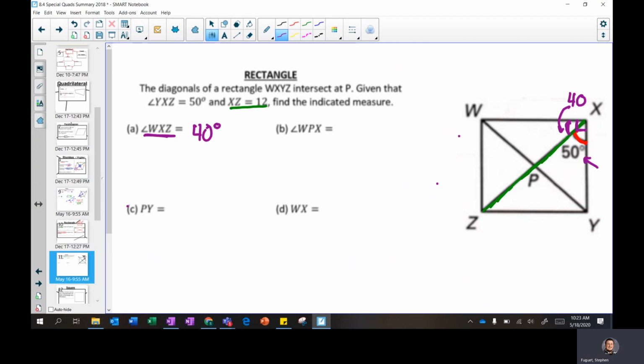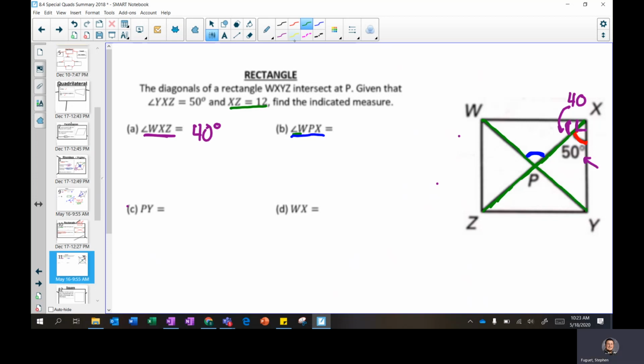Next, we need to look at WPX, which I'm going to do in blue, is this angle right here. Again, this can be a little tricky, and this is probably the hardest part of this problem, in the sense that we don't necessarily know that angle because it's not 90 degrees. What we have to remember is that the diagonals are equal to each other, so those two green lines are equal.